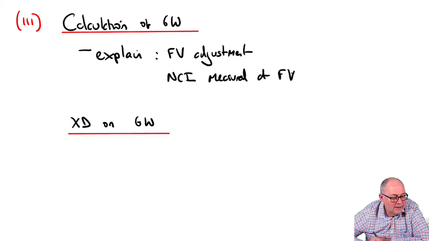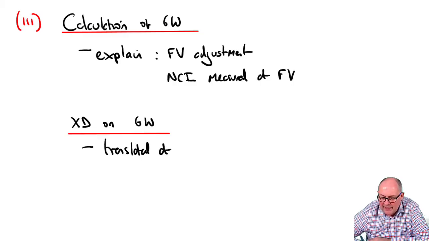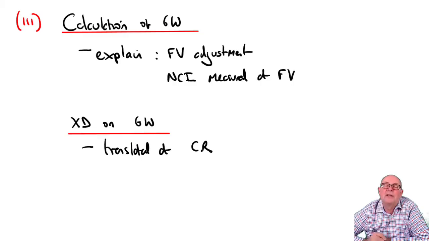And of course, in terms of the exchange differences, again, mention or explain that goodwill has to be translated at the closing rate, the exchange rate at the balance sheet or SOFP date. Because of that, if you keep changing the number for goodwill, the accounts won't balance.